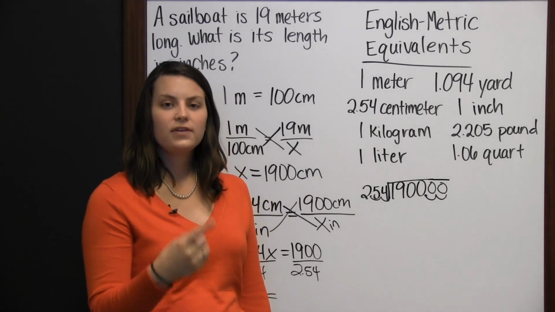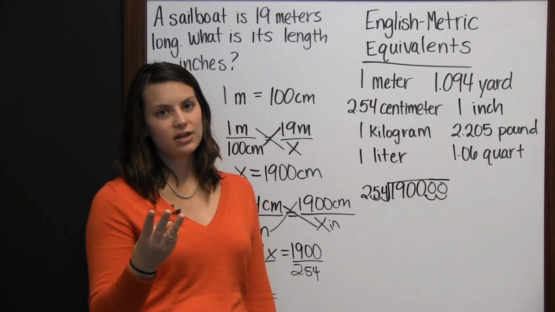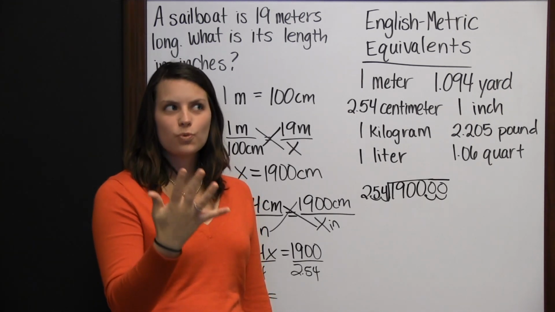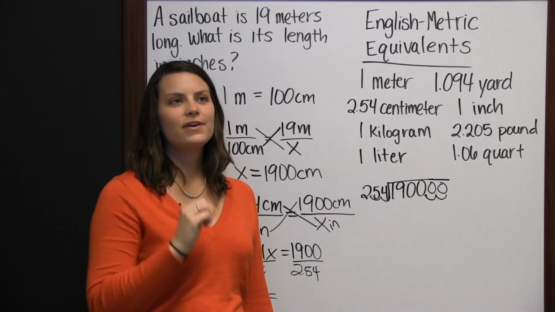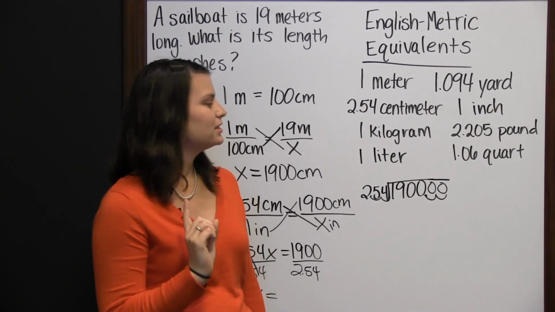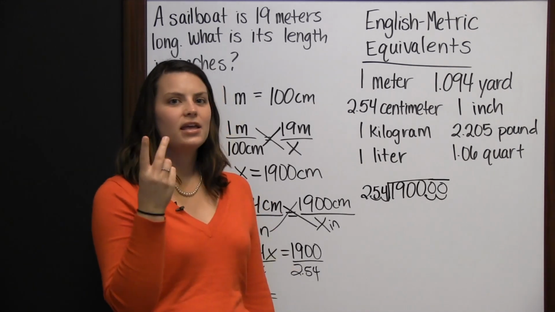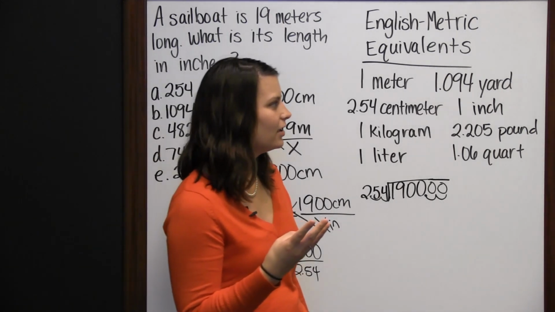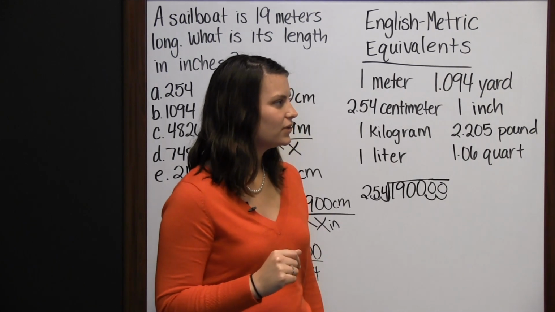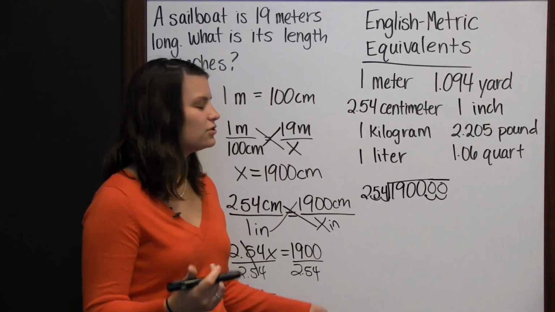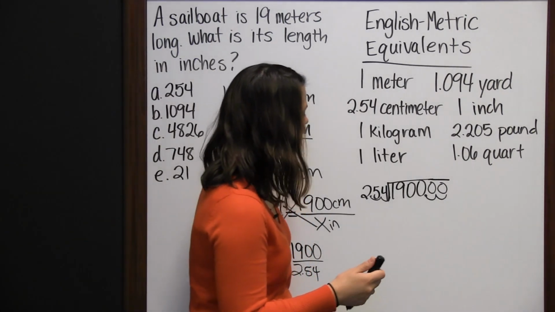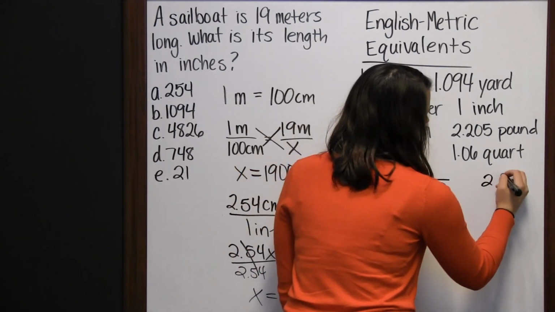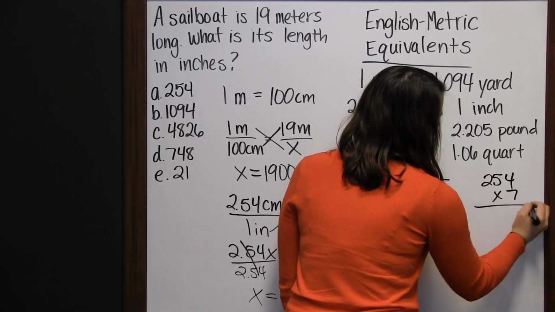So 250, 500, 750, 1,000, 1,250, 1,500, 1,750, and then 2,000. So it only goes 7 times because 2,000 is too much. So 254 only goes 7 times into 1900, and we can see what that is right here.